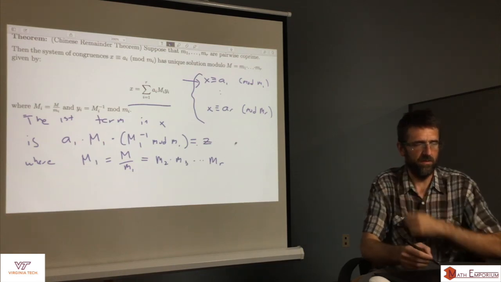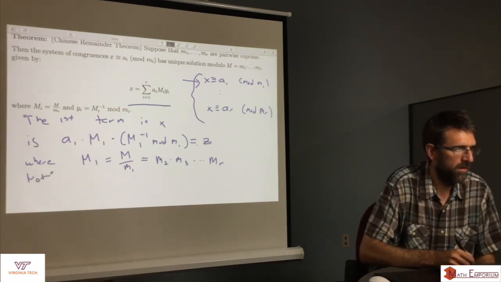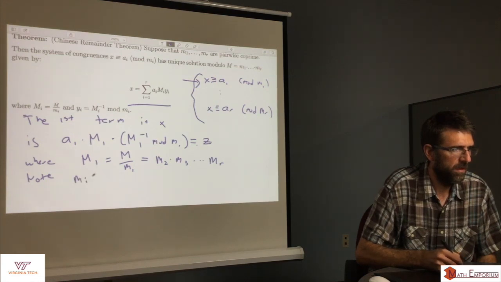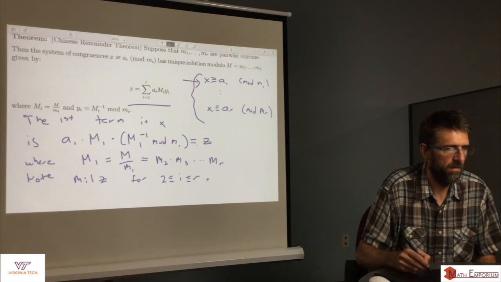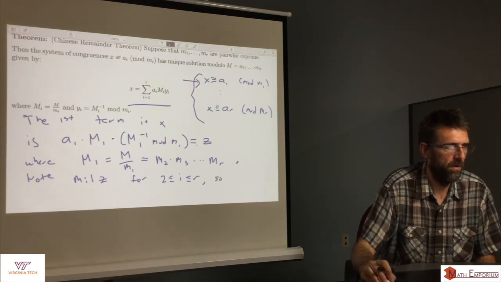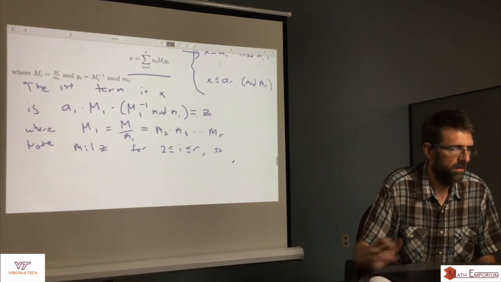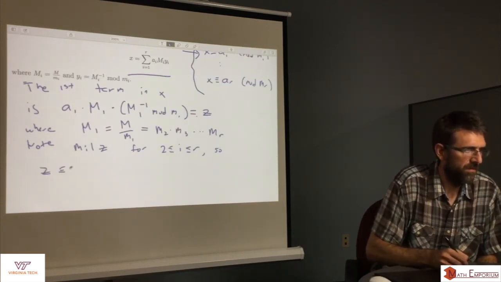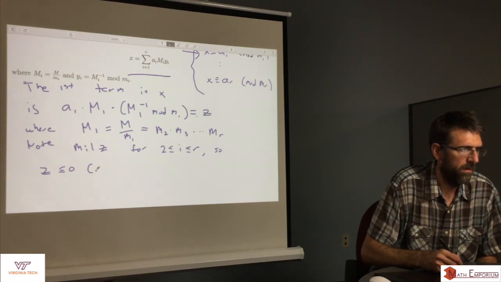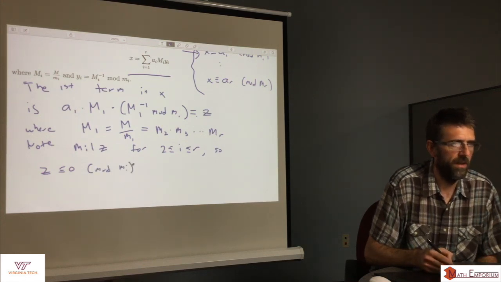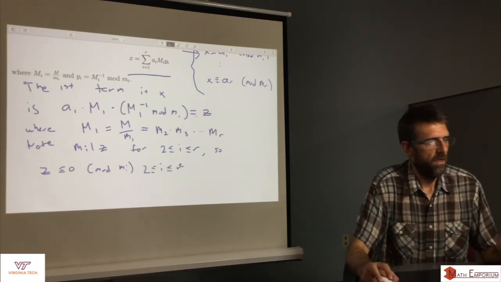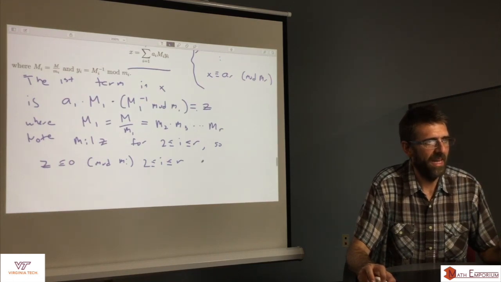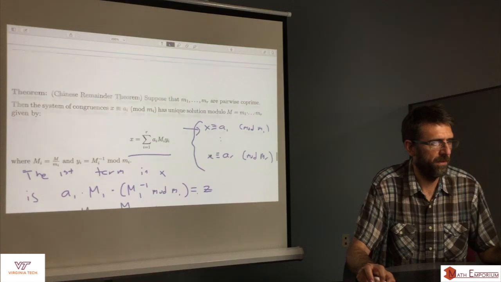Note that m sub i divides z, for all these other i, so z is congruent to 0 mod each of those. So z is not affecting any of the other congruences past the first one.